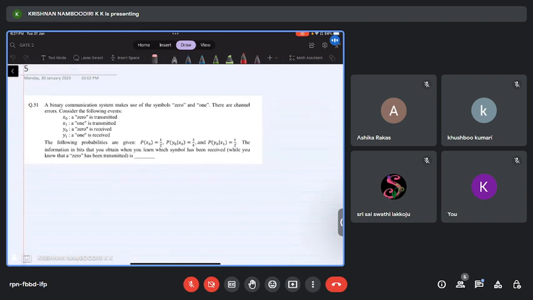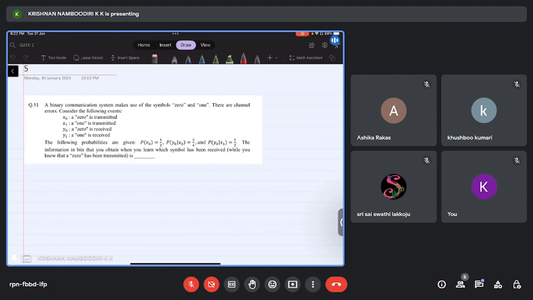Now, this is one interesting question. A binary communication system makes use of the symbols 0 and 1. There are channel errors. Consider the following events. X0 corresponds to a 0 is transmitted. X1 corresponds to a 1 is transmitted.